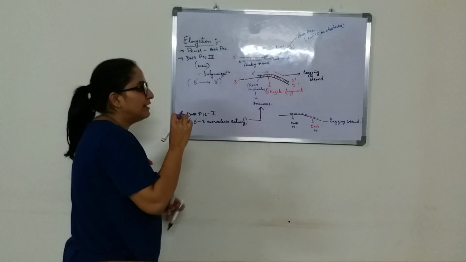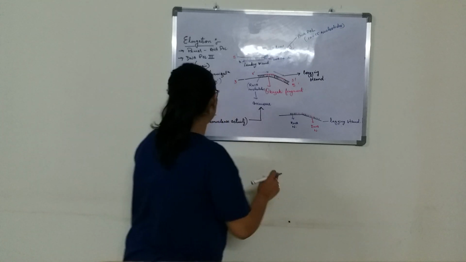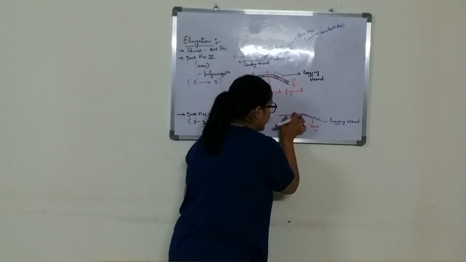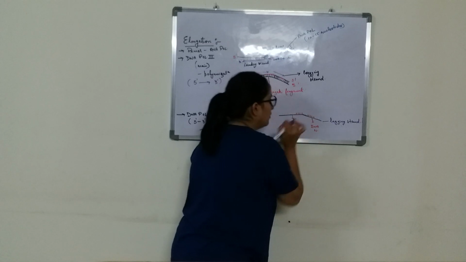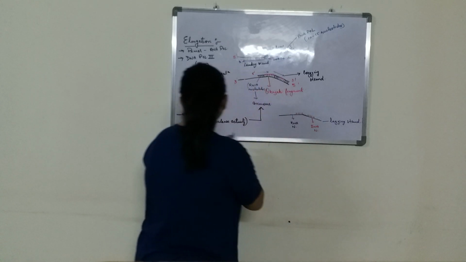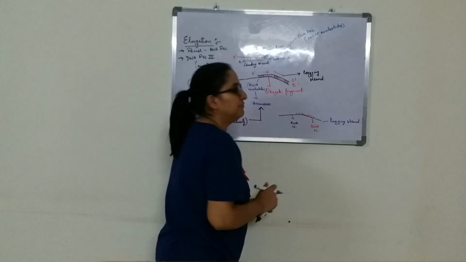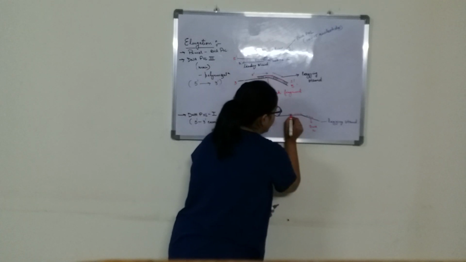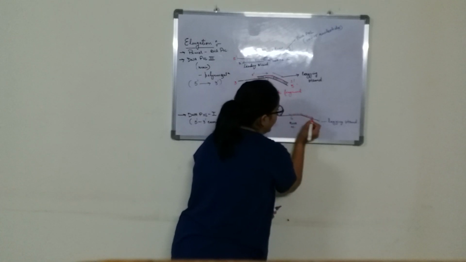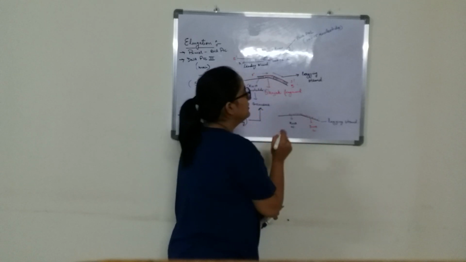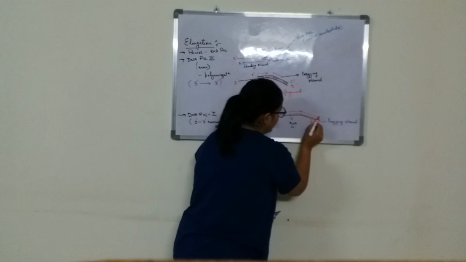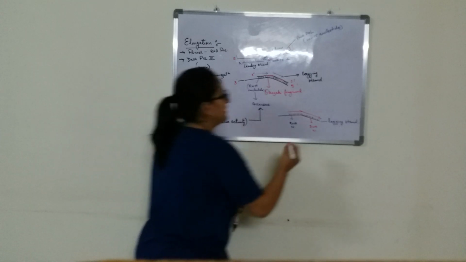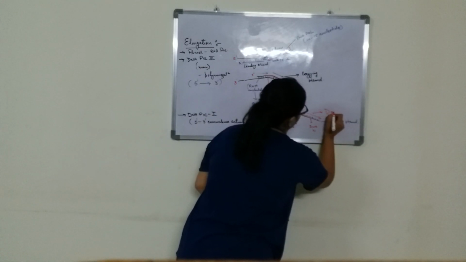So to remove these RNA nucleotides, DNA polymerase 1 acts and removes them, and it adds the DNA nucleotides again, and this is how another replica, a new daughter DNA strand, is produced.